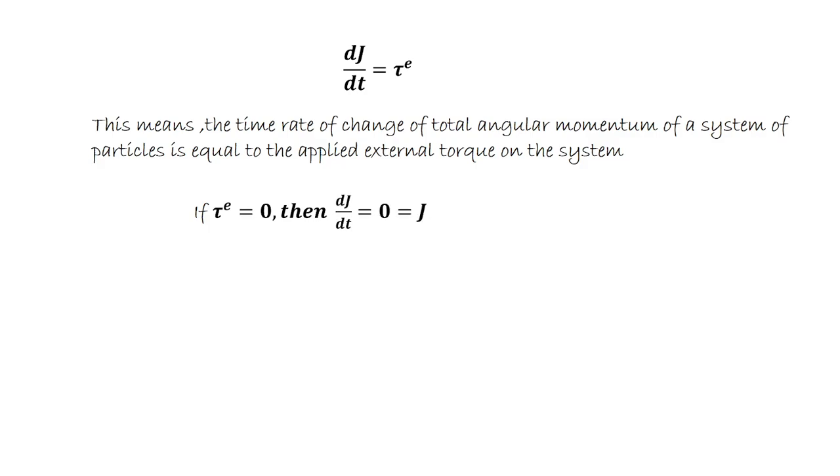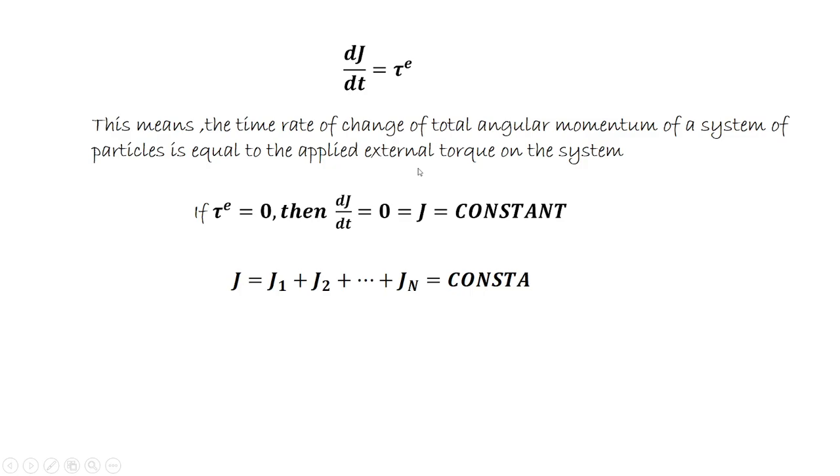If the torque is equal to 0, then dJ divided by dt is equal to 0, and J is equal to constant. What this conservation law tells us is that the physical quantity is constant in time, and under what conditions? There are limitations. Under what condition is this angular momentum J equal to constant?